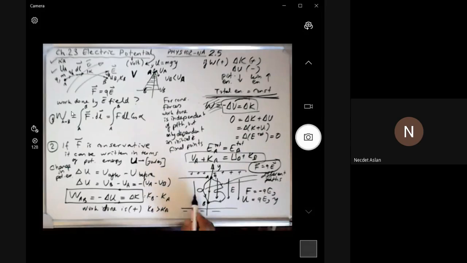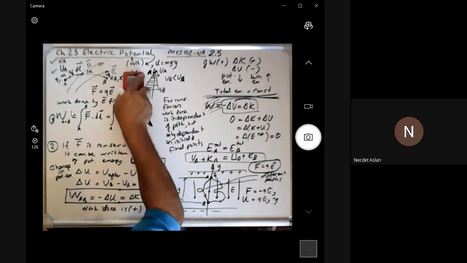The distance it moves, the difference between the two points, is given by y. So the potential energy is just given by QE times y. Now let's do the work done on this charge.